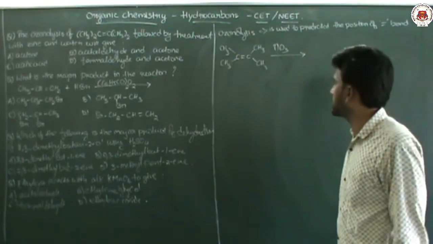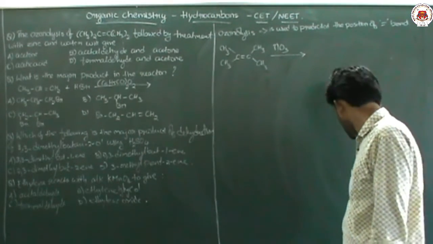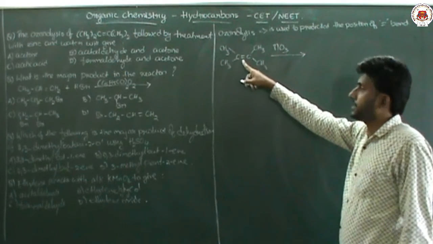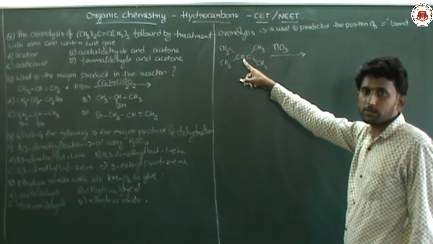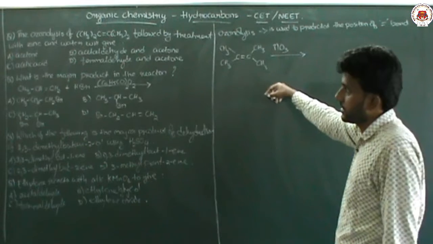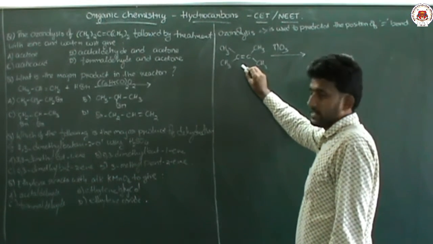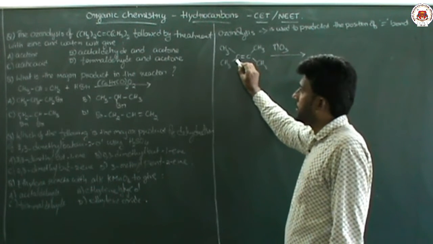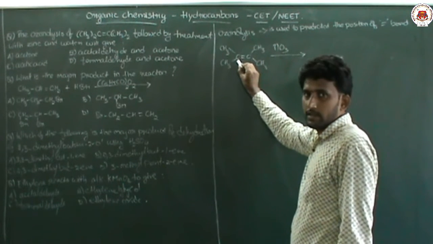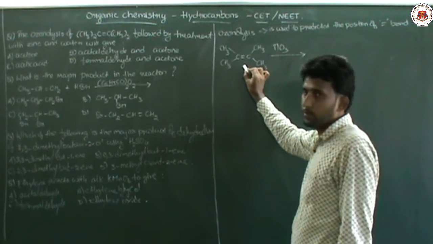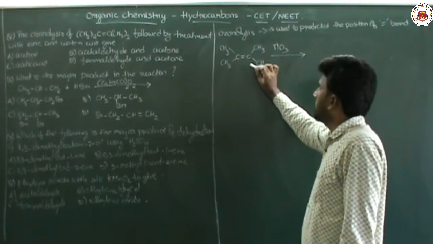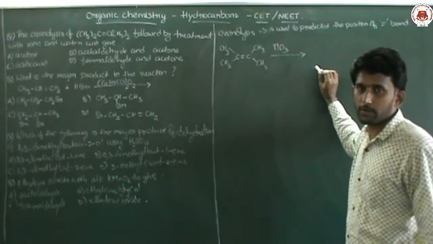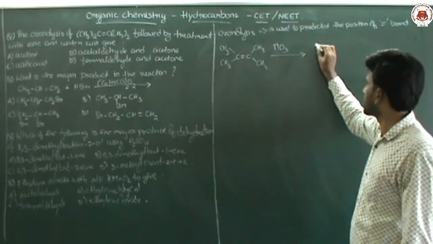First, this alkene is treated with ozone. If you are treating with ozone, O3 interferes with the double bond and it forms ozonide. Okay, ozonide. So this is 2,3-dimethyl-2-butene. It will form the ozonide of this compound. How?